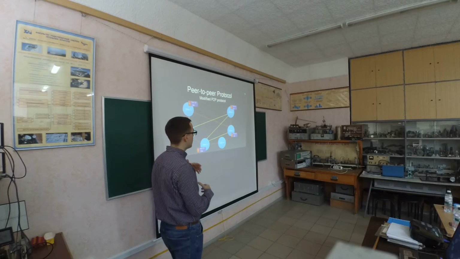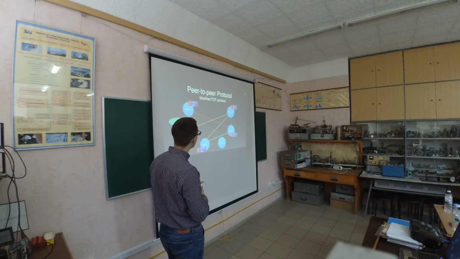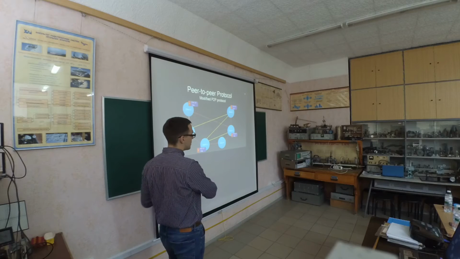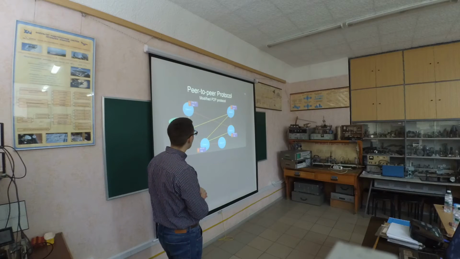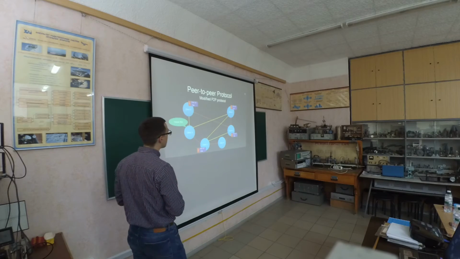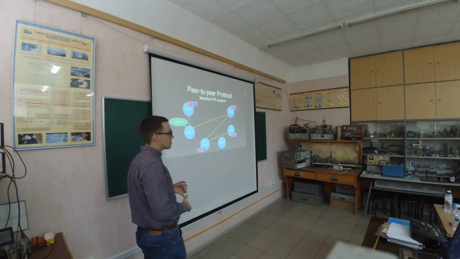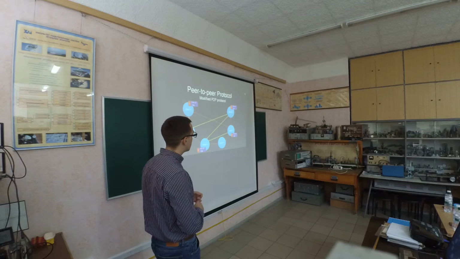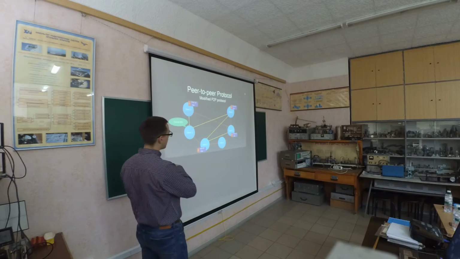And we are going to create reserve copies of these pieces if, for example, a user leaves the system, and no one will lose any information. It will increase the security of data transfer, and it will also be a kind of decentralized internet.